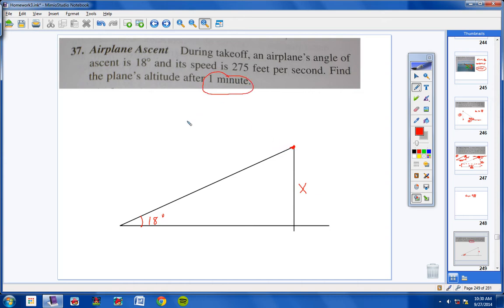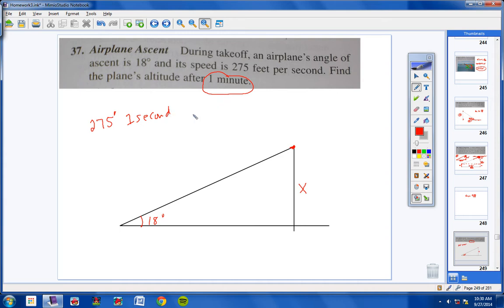Now let's be really careful here. The speed of the airplane is 275 feet per second, so it's going that many feet in just 1 second. Now the plane has traveled for 1 minute.